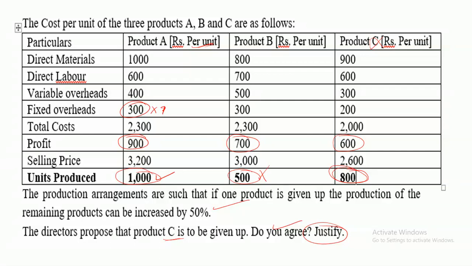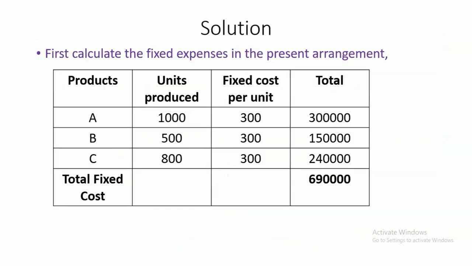If you multiply the fixed overhead per unit and number of units, you will get the total fixed cost of product A. Similarly for product B, 300 into 500 rupees, and for product C, 200 into 800 rupees, you will get the total fixed cost. This is how it is calculated here.